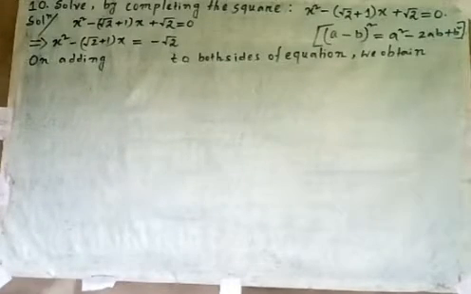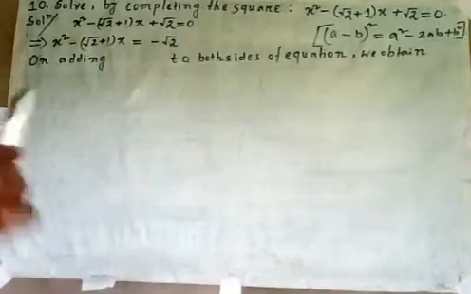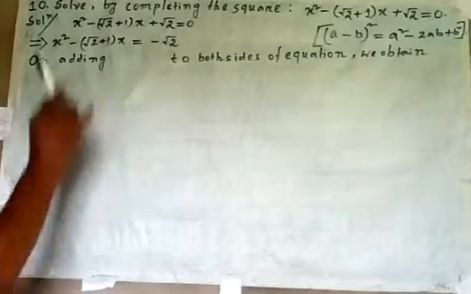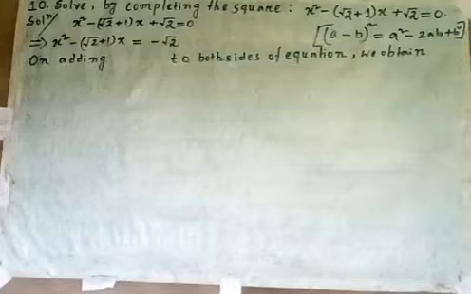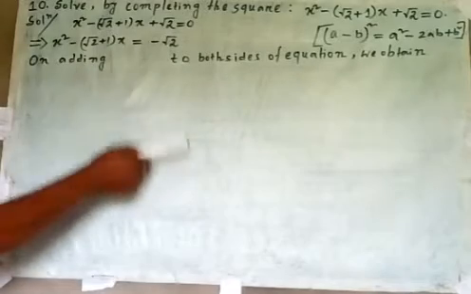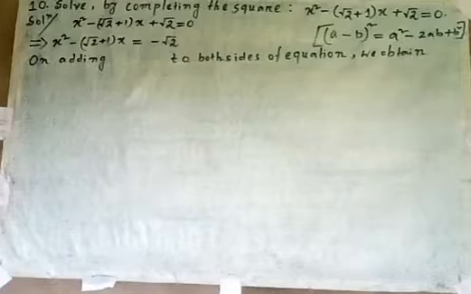So first of all, what we have done: this plus root 2 changes side, going to the right side, it will be minus root 2, and x square minus (root 2 plus 1)x stays on the same side. So x square minus (root 2 plus 1) into x equal to minus root 2.